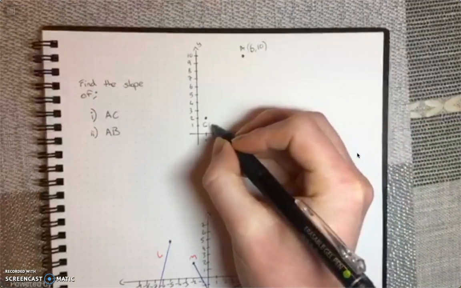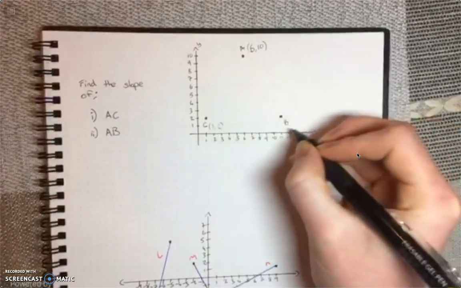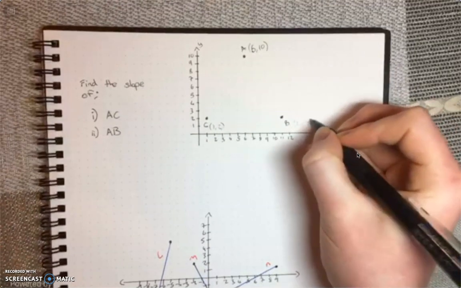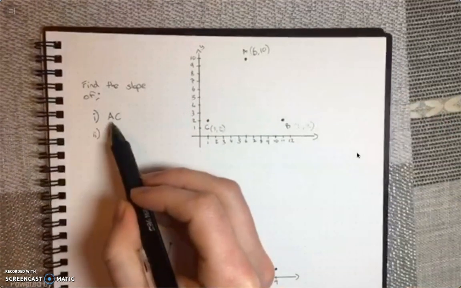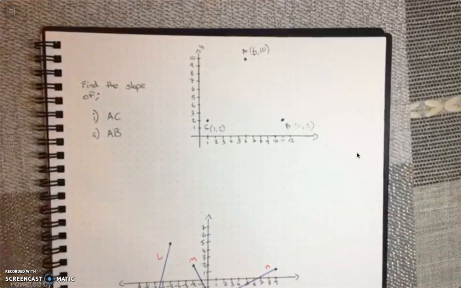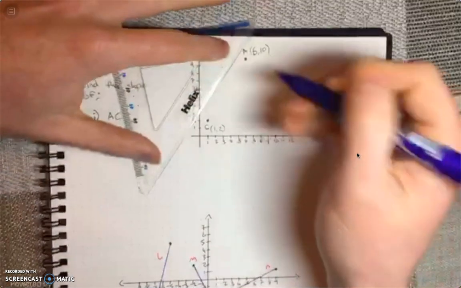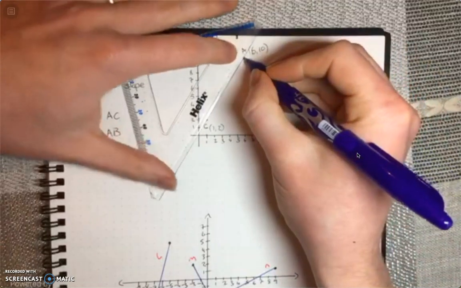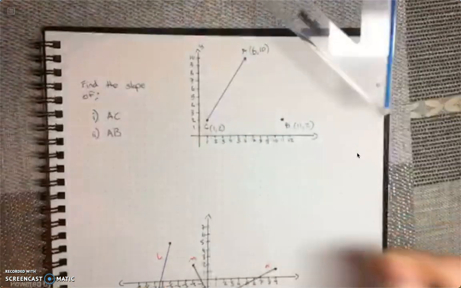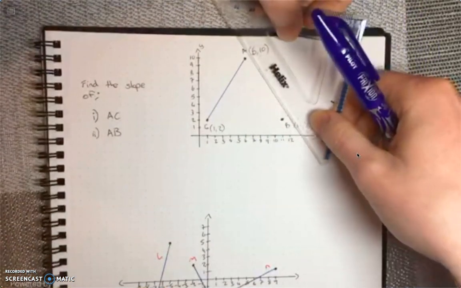C is the point 1, 2, and B, I go across to 11, up 2. Now we're told to find the slope of the line AC and AB. So AC is this line that connects from A to C, and AB is the line that connects A to B.